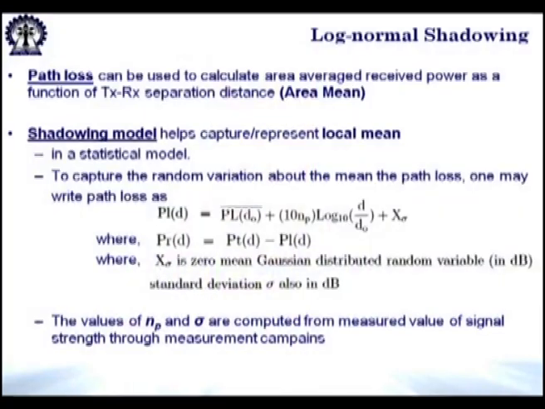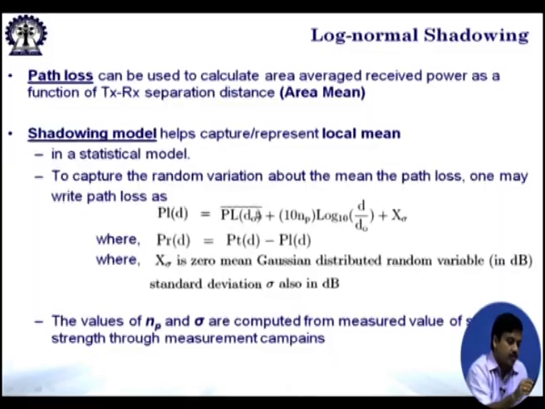So, to improve the model over path loss, which as said is the area mean, we use the shadowing model, which is the local mean. The path loss can be written as path loss at d0, that means at the close-in reference point d0, plus 10 times n_p, where n_p is the path loss exponent, times log base 10 of d divided by d0, because d0 is known, plus there is some X sigma.